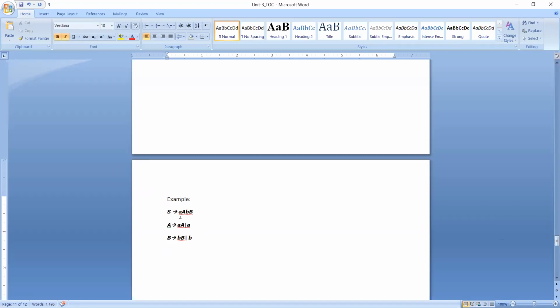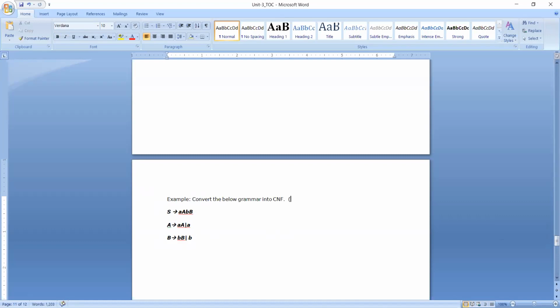So we have a grammar like this: S derives to small a capital A, small b capital B. And the second one, capital A derives to small a capital A or a. And B derives to small b capital B or b. Now what we have to do? We need to convert the below grammar into CNF, Chomsky normal form.